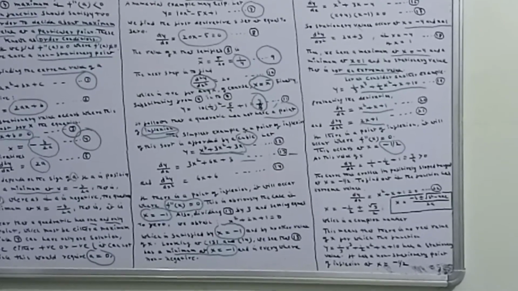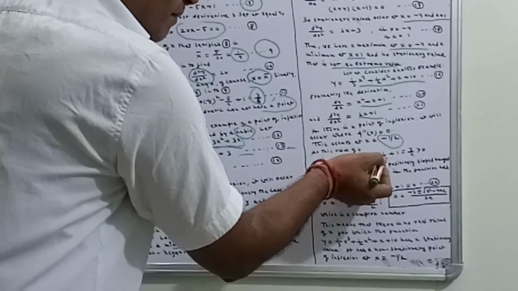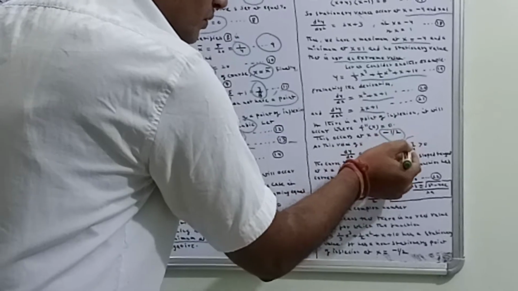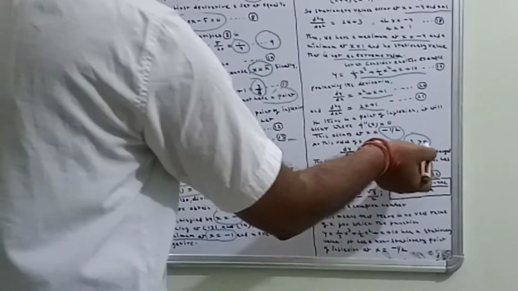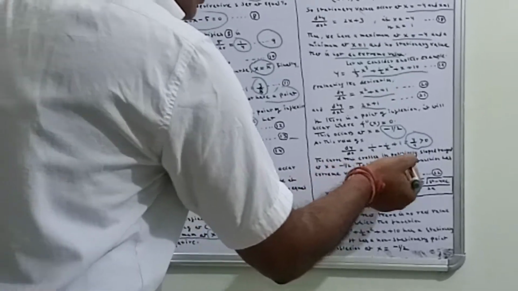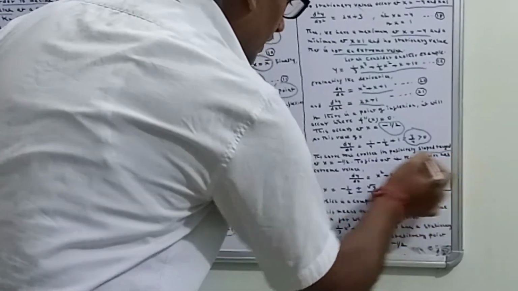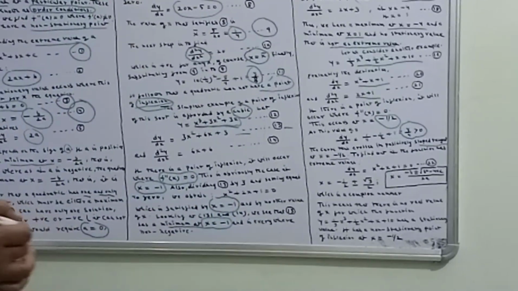And at this value of x, dy by dx equals 1 by 4 minus 1 by 2 plus 1, which is 3 by 4, greater than 0. So the curve crosses its tangent with positive slope at x equal to minus 1 by 2.